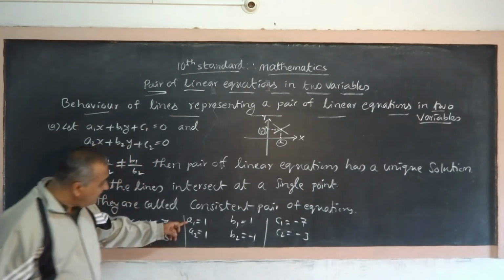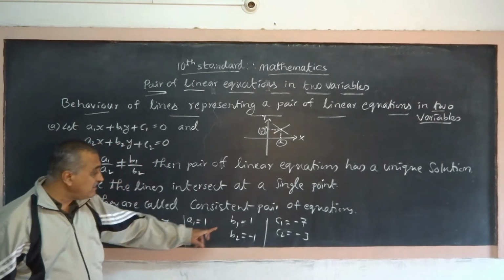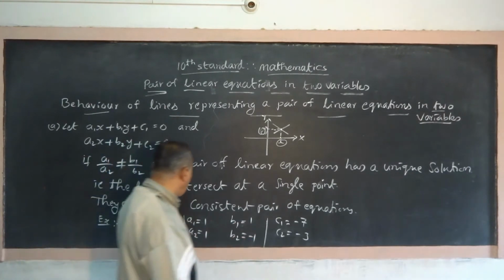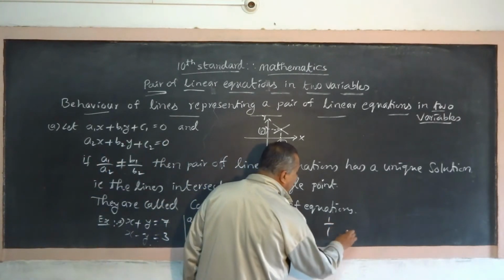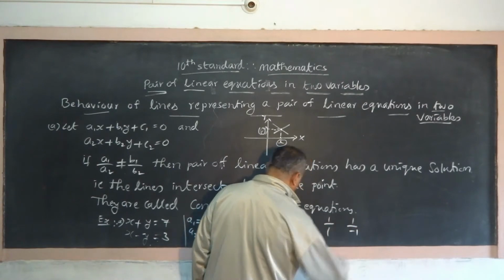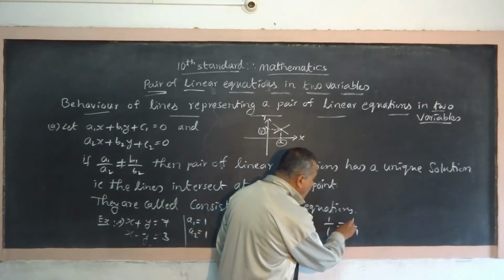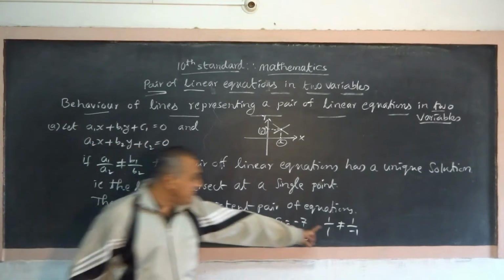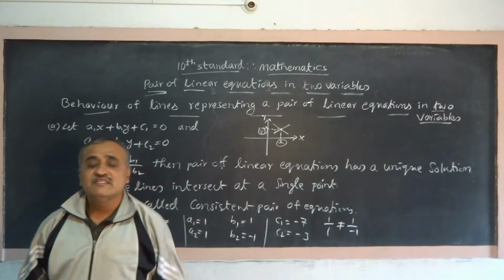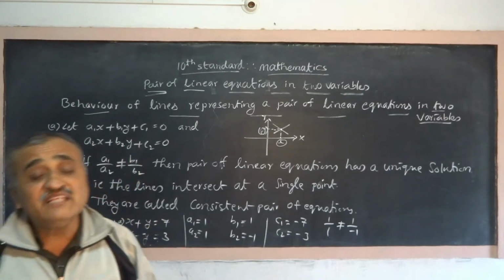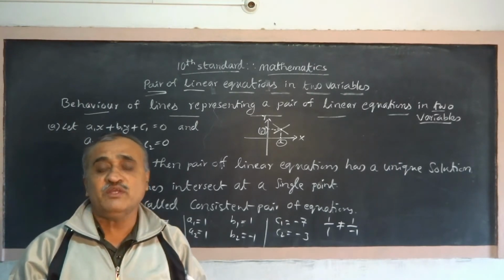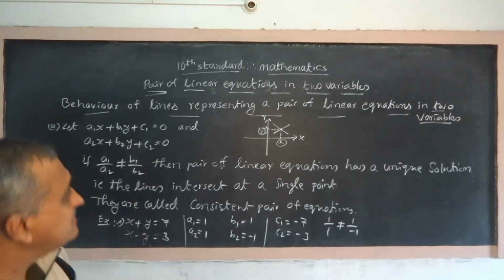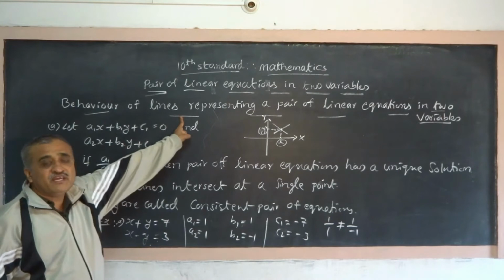Now compare: a1 by a2 is 1 by 1, b1 by b2 is 1 by minus 1. They are not equal. So the lines intersect with each other. This is the first condition, the first behavior of lines.